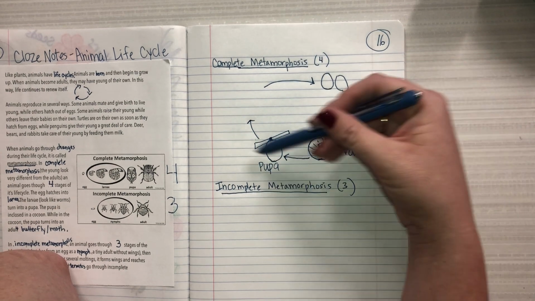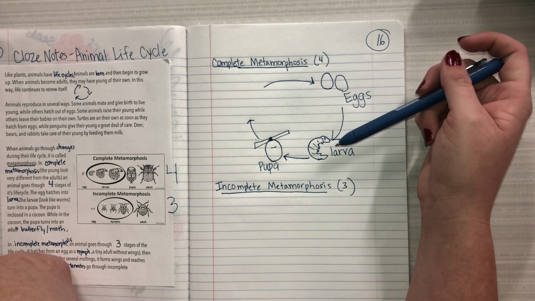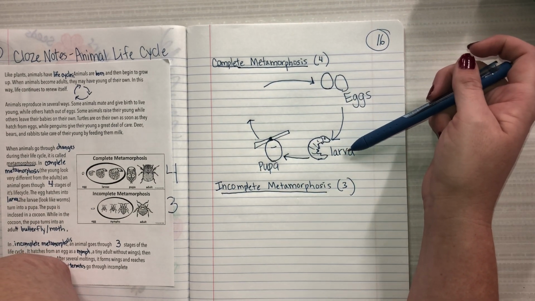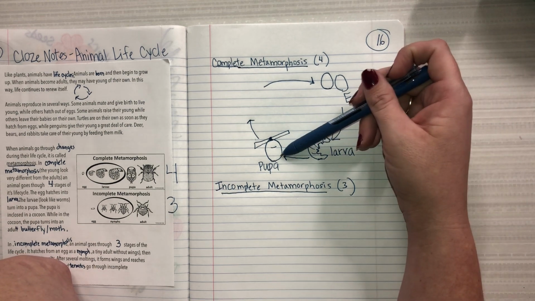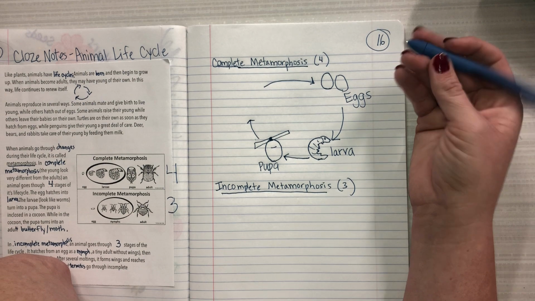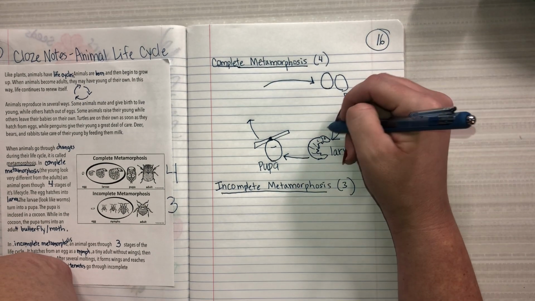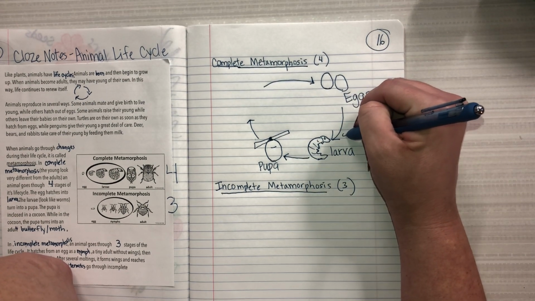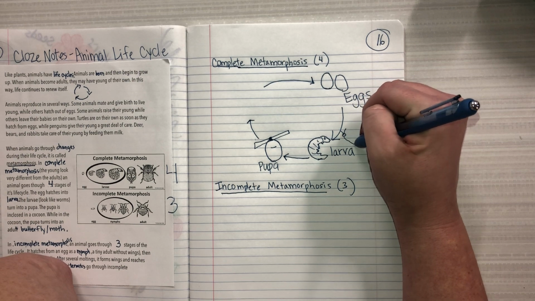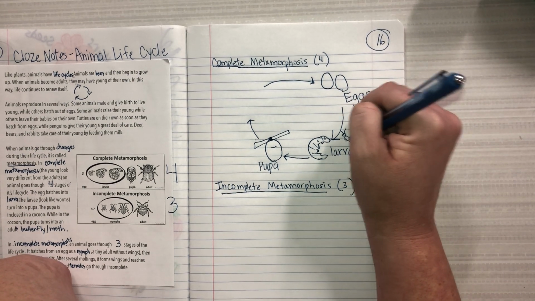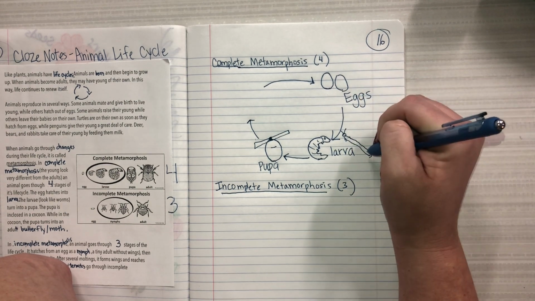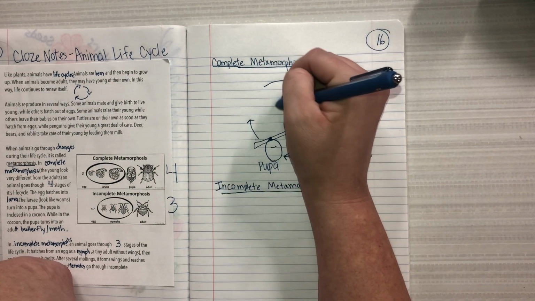The only difference between this process, we might show that the larva, it looks a little bit different. Maybe it looks like a caterpillar before it turns into the chrysalis to then turn into the adult butterfly. So if you wanted to go back and add what looks like maybe a caterpillar instead, and then you can then draw the butterfly this way.